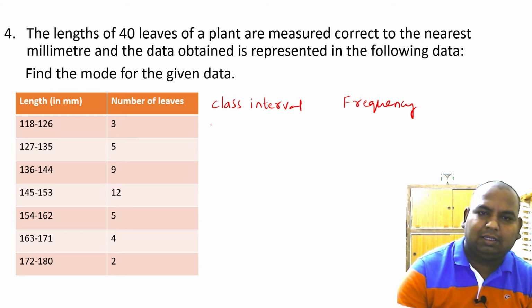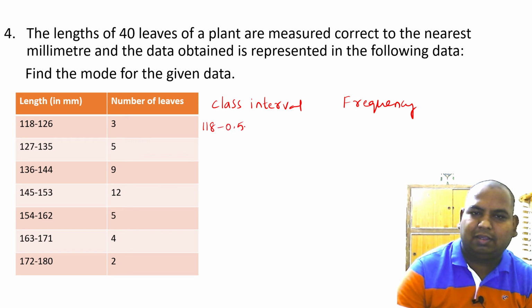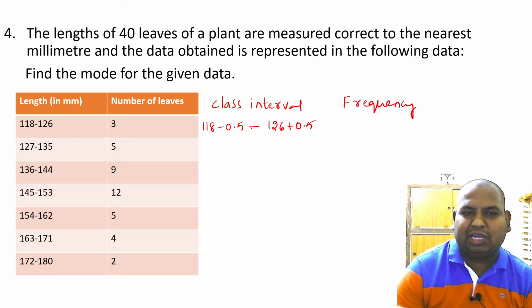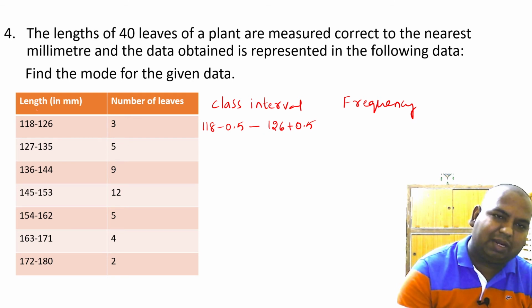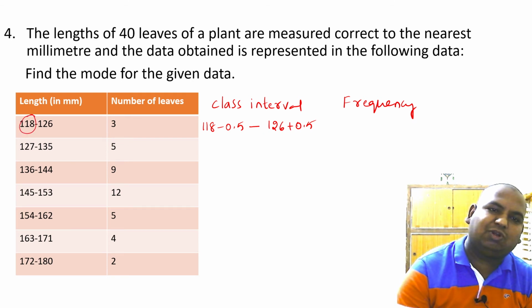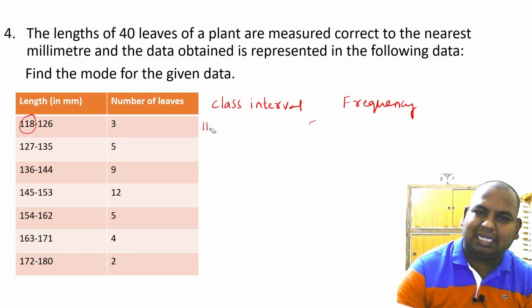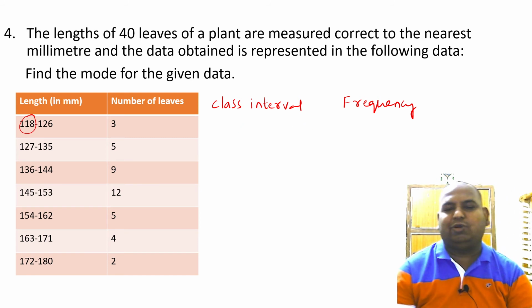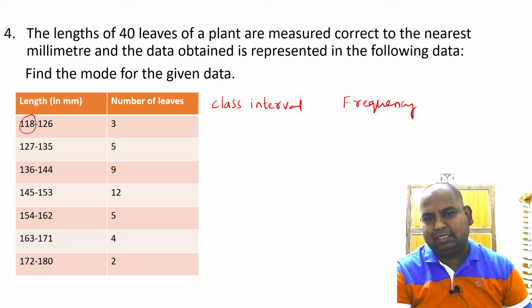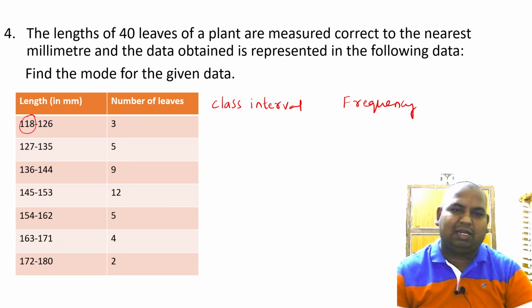So 118 minus 0.5, and 126 plus 0.5. We have to subtract 0.5 from the lower limit and add 0.5 to the upper limit.